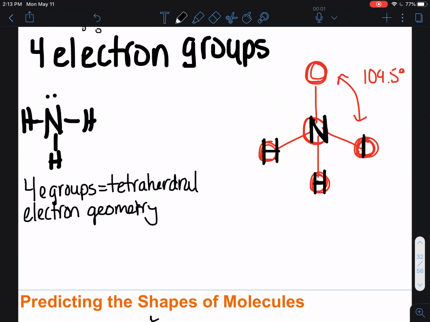This is what I was talking about, coordination spheres, right? So the hydrogens are all going to go right there, and then the lone pair is going to go right here.